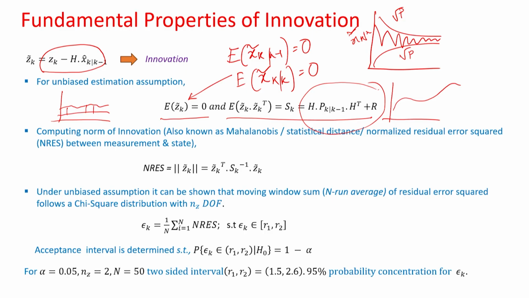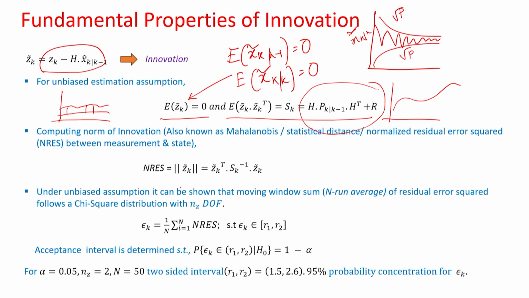Now, the second thing is that this is Gaussian. What is Gaussian? This innovation error will be Gaussian. When it is Gaussian, a very well known property of a Gaussian distribution is that the normalized residual error square, a very big term, but very simple, is the norm of innovation. What is the norm of innovation?